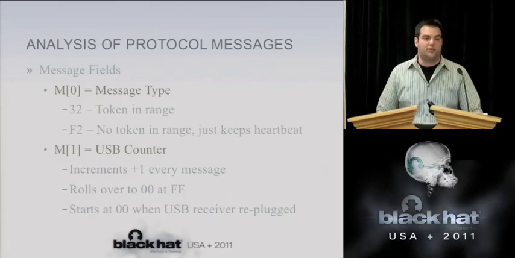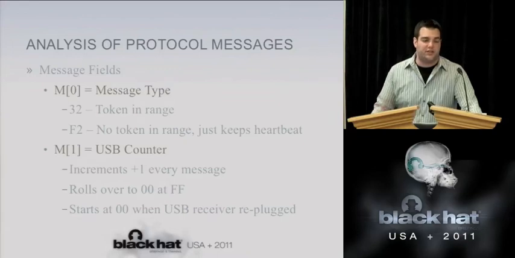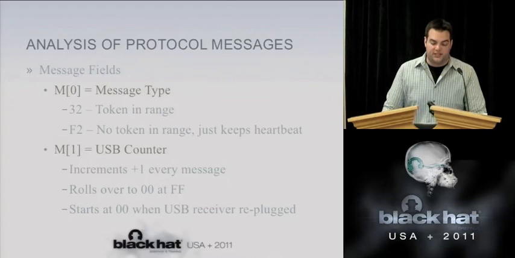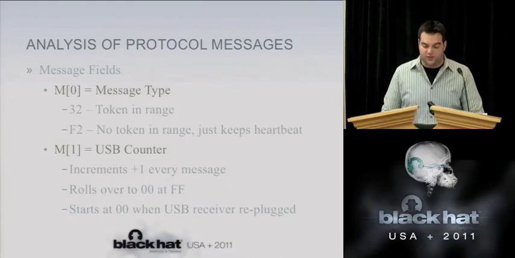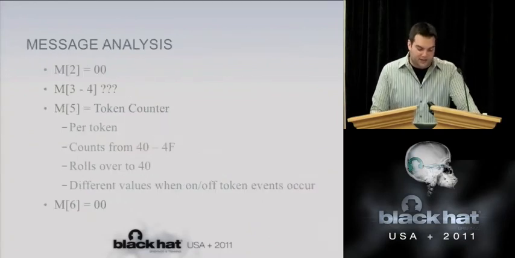So in the situation where we're plugging in our malicious device, we know this value is going to start at 0 again. There's nothing there where we'd have to brute force 255 different values to sync up at the right place in this counter. It's a predictable thing when we plug in our malicious device, if it gets to that, of course.